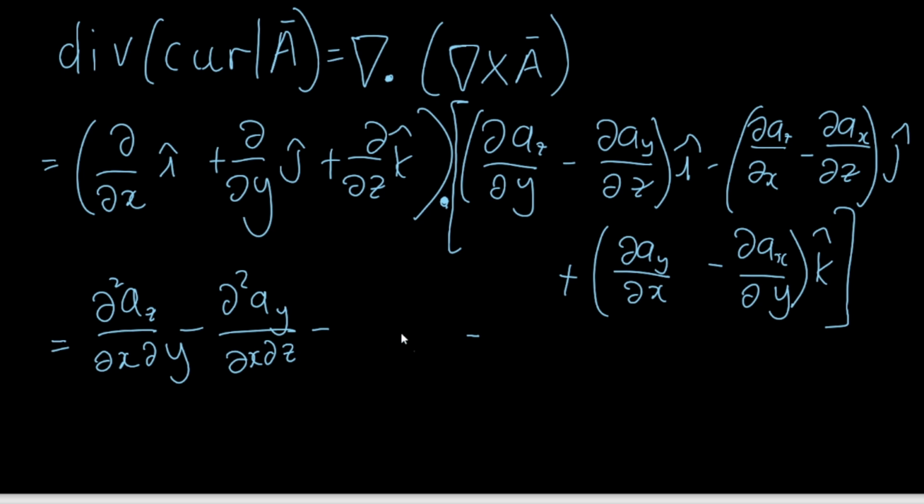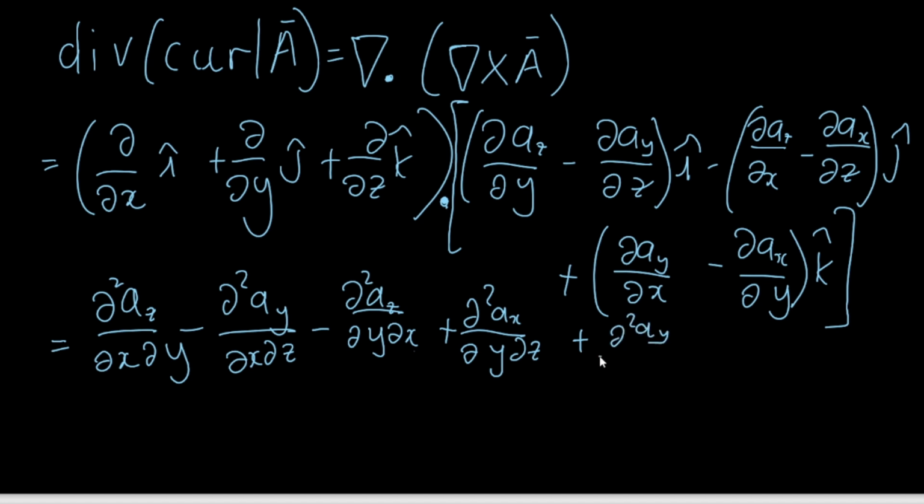So the next term is actually ∂²Az/∂y∂x, then we get plus ∂²Ax/∂y∂z, then plus ∂²Ay/∂z∂x, and then the last term is ∂²Ax/∂z∂y.